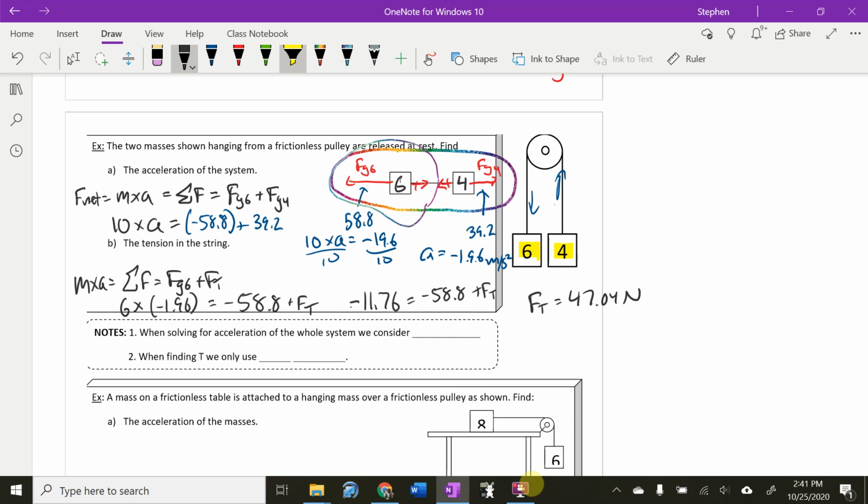And that's going to be our final answer for part B. So there we go. Just to summarize the key ideas here, when you are solving for acceleration of the whole system, we have to consider the total mass. But when we're finding T, we're only going to use one mass.